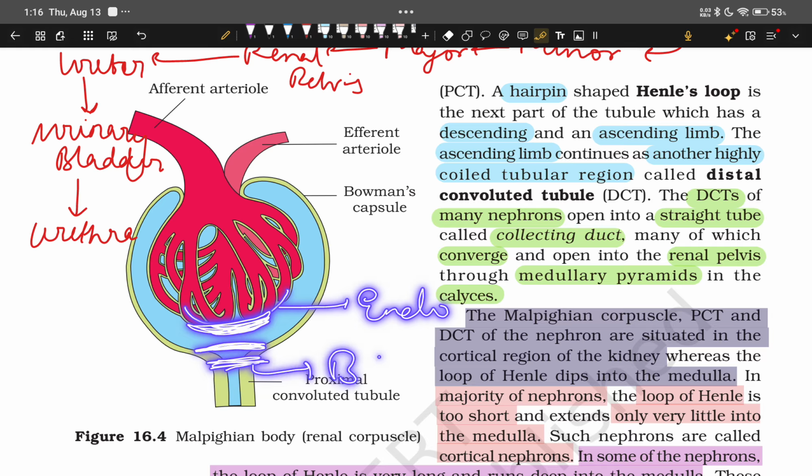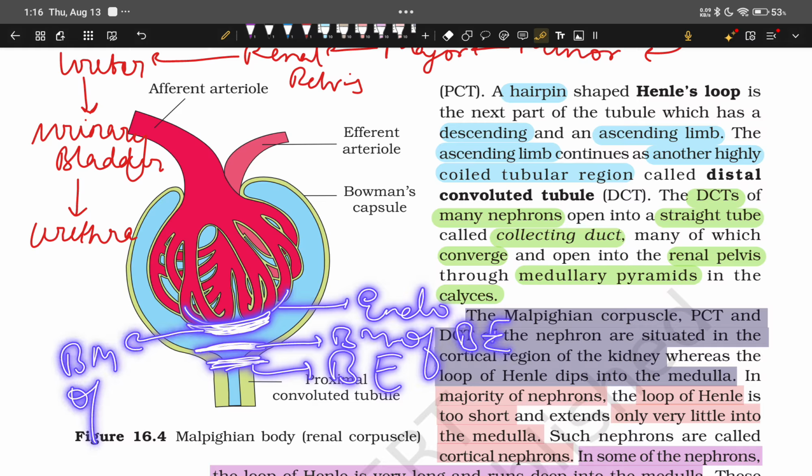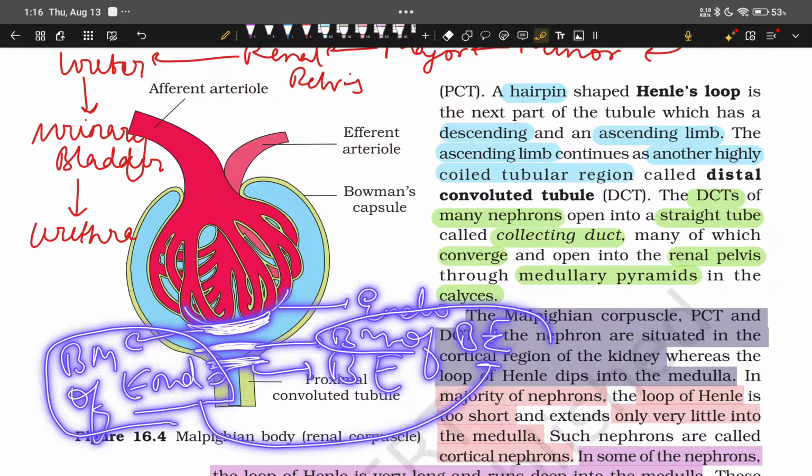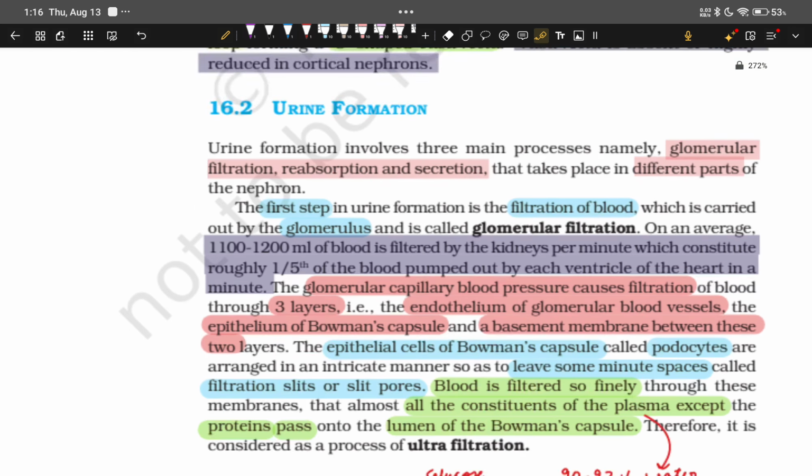So this is the Bowman capsule epithelium, then you have the basement membrane of the Bowman capsule epithelium, and you also have the basement membrane of the endothelium, and these two, both together, are known as basement substance. I hope I made sense.